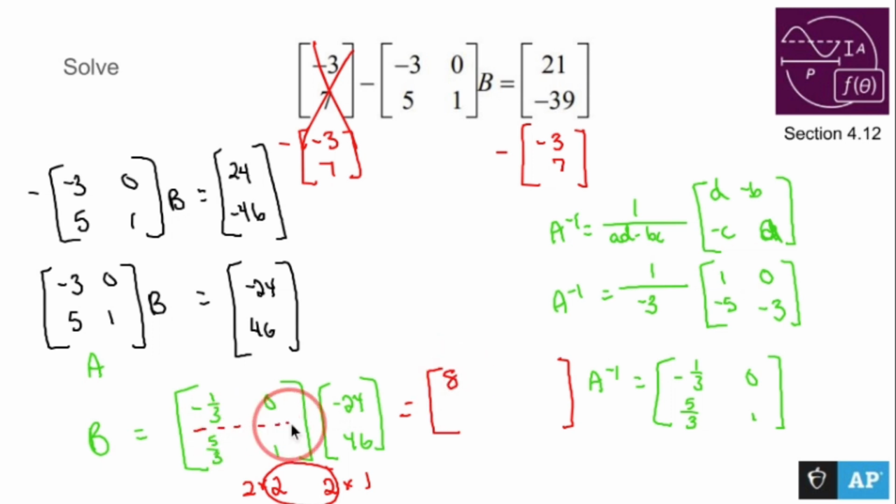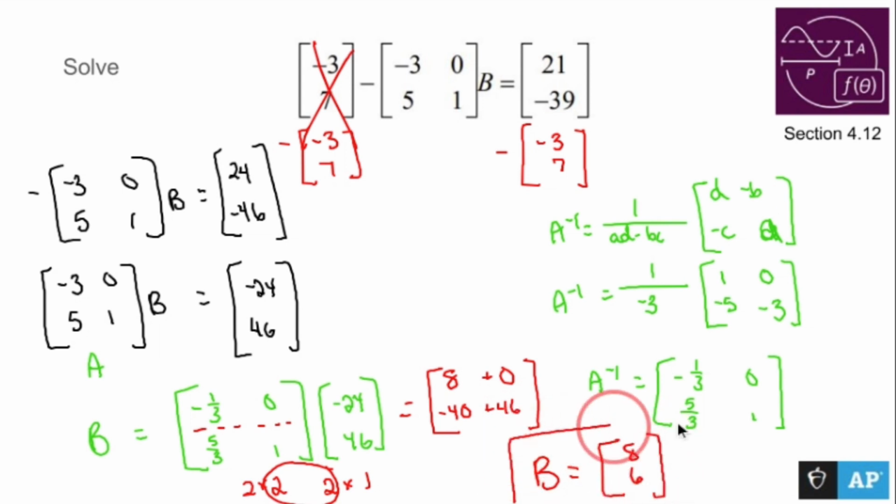Plus 0, that's good news. 5/3 times -24 is essentially saying -24 divided by 3, which is -8, times 5 is -40, plus 46. So at the end of the day, B is going to equal [8, 6].